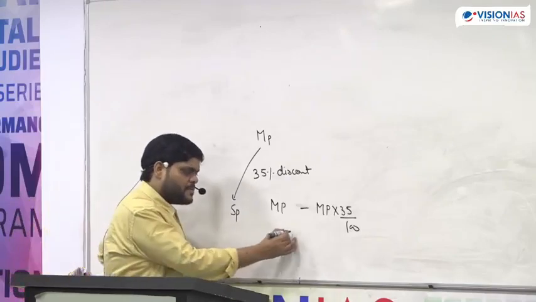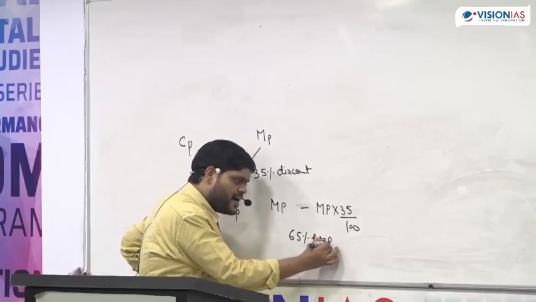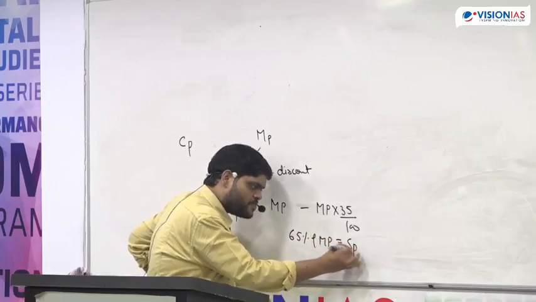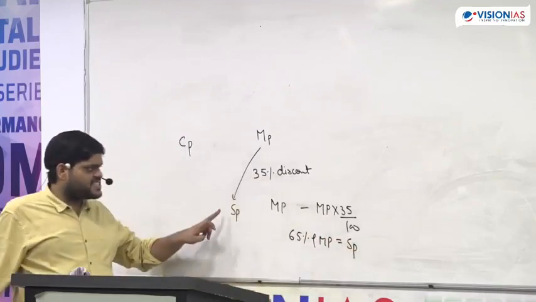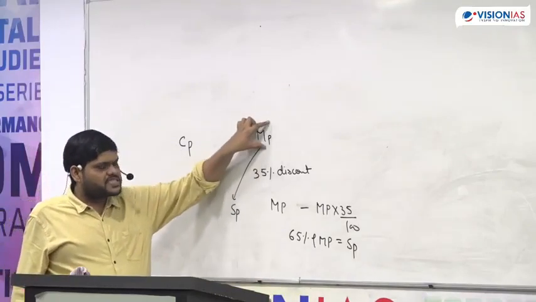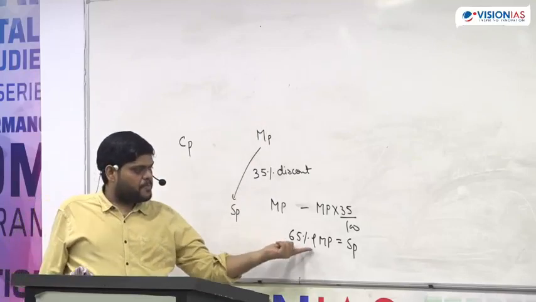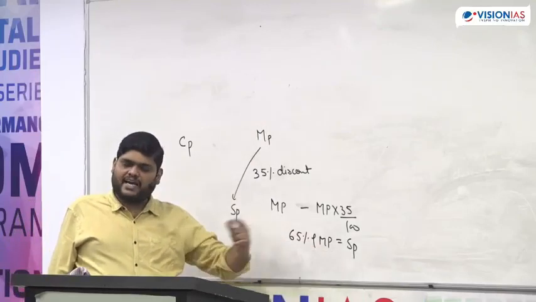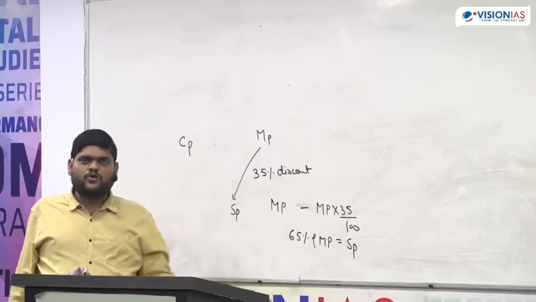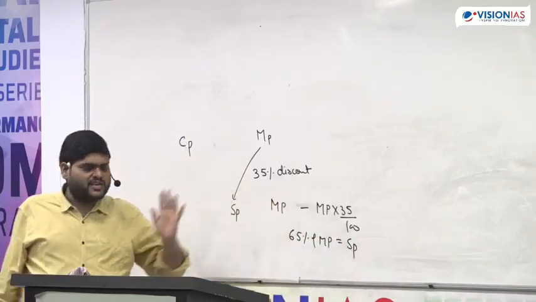You will get simply 65% of MP, and that is equal to SP, or not. From here we can say that the SP is equal to 65% of mark price, when 35% discount is given, that is equal to SP. This is the first relationship.